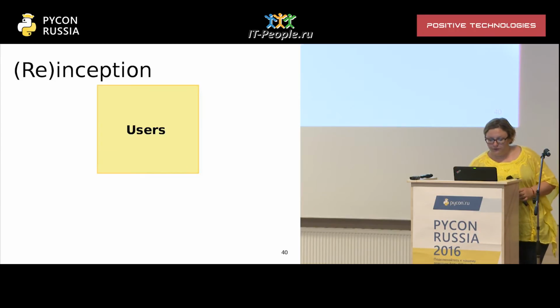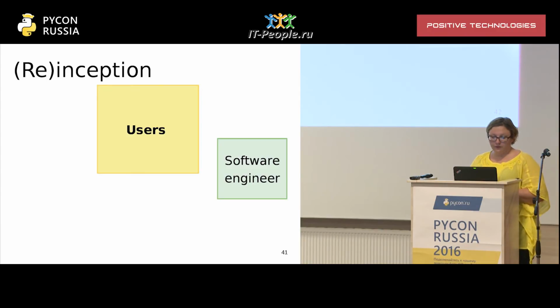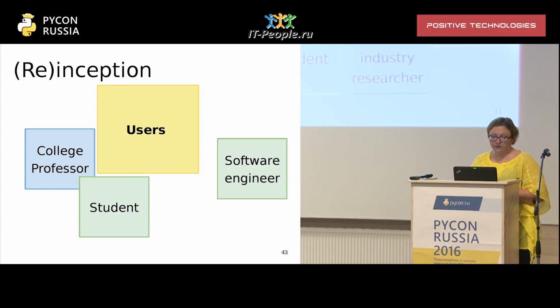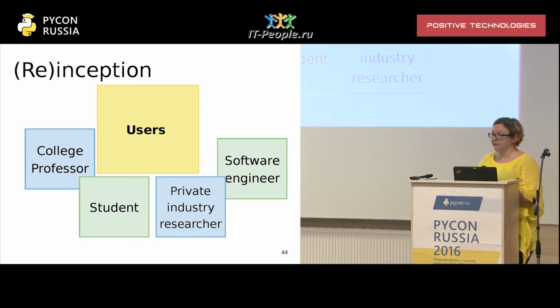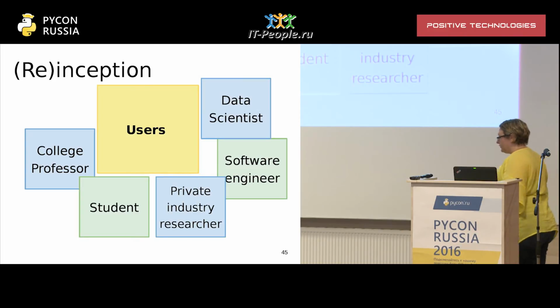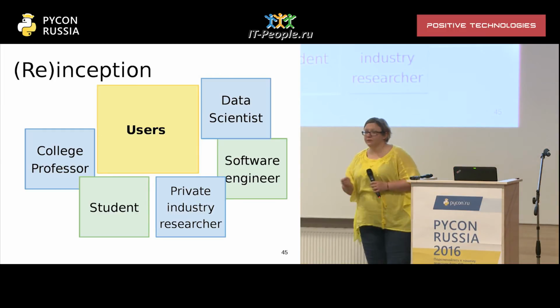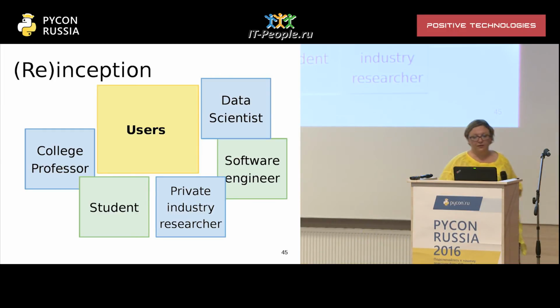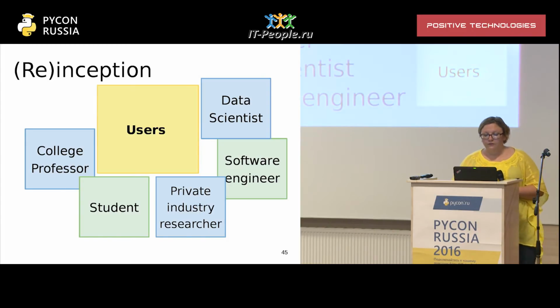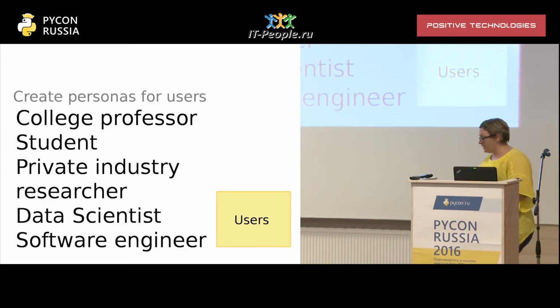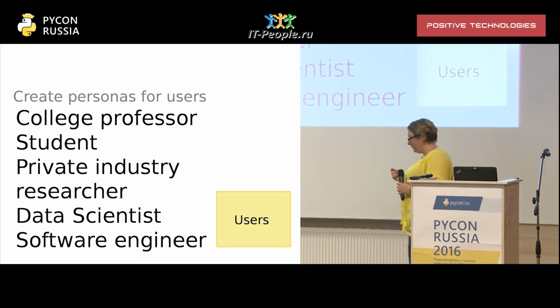So let's focus on users. In this example, we have a software engineer, college professor, a student, private industry researcher, and data scientist. All these users come from a different background, a different set of skills. They're all going to approach the library in a different way. So for each of these users, you want to think about creating a persona.